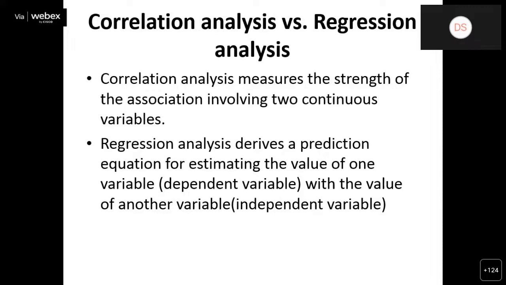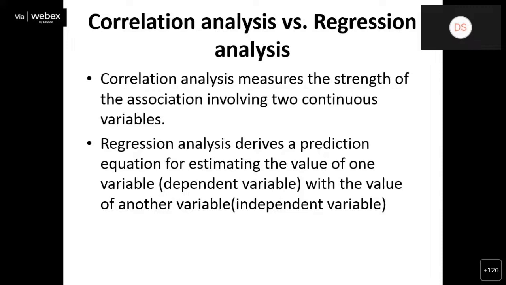Whereas in regression analysis, we are more concerned about which one is the dependent variable and which is the independent variable. For example, in that study, the number of visits is the dependent variable. What we are testing through this data analysis is whether, as distance increases, the number of visits decreases or not. So the number of visits is the dependent variable and the distance is the independent variable.